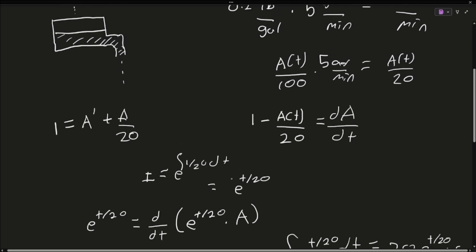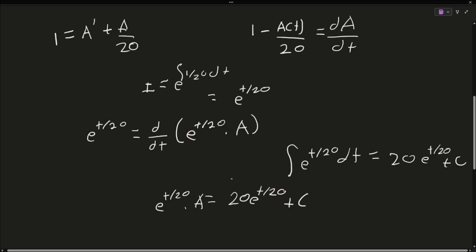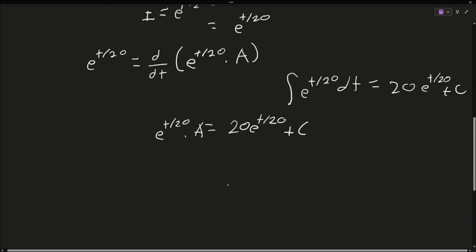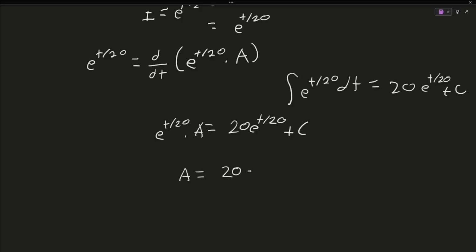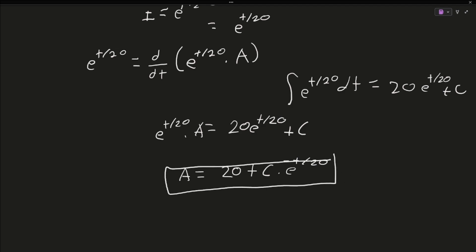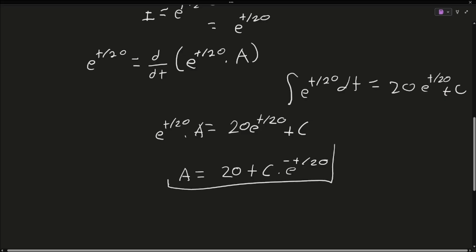After this point, what you want to do is divide both sides by e to the t over 20, and a will be 20 plus c multiplied by e to the minus t over 20. I want to write it this way instead of the division symbol. So this right here, guys, is going to be the amount of salt in the tank at any minute.